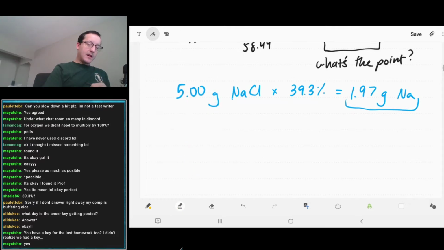So percent composition we've done. We can also go the other way. That time we took a compound and were able to figure out what the percents of each of the elements are within it.